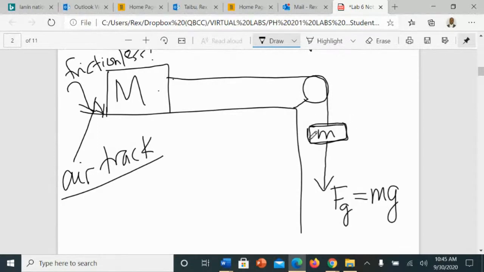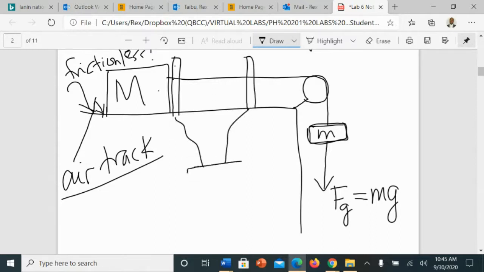If I want to measure how much I'm pulling down here, that's the net force. I just have to multiply the mass on the hanger times g. If I want to measure acceleration, I need to put another gate here. What do gates do?